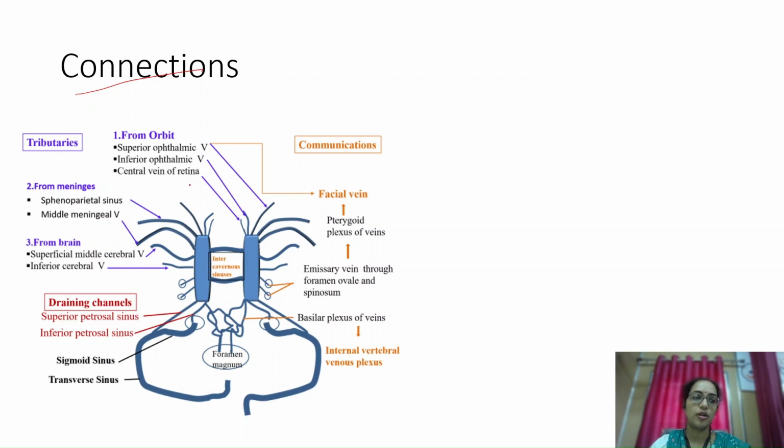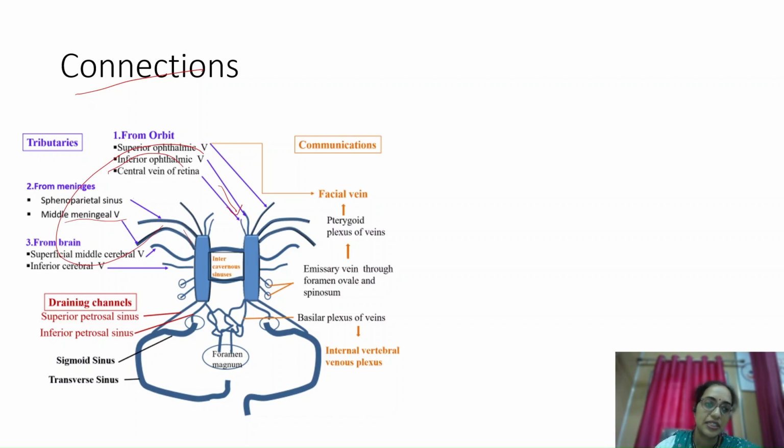So from the orbit, you have the superior ophthalmic vein, inferior ophthalmic vein, and the central retinal vein that enter the cavernous sinus. From the meninges, you have the sphenoparietal sinus and middle meningeal vein that enter the cavernous sinus. From the brain, you have superficial middle cerebral vein and the inferior cerebral vein. So these are the tributaries.